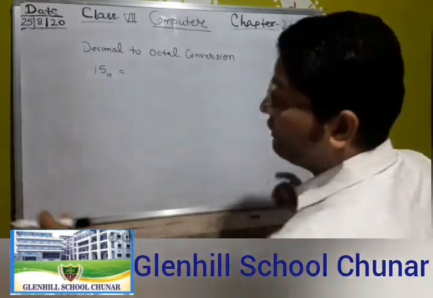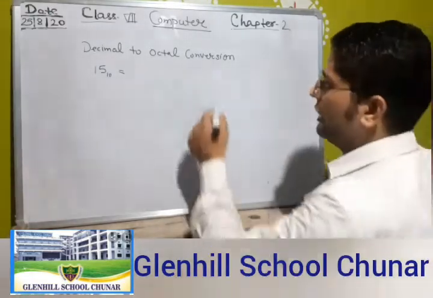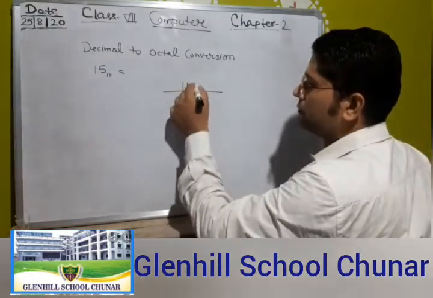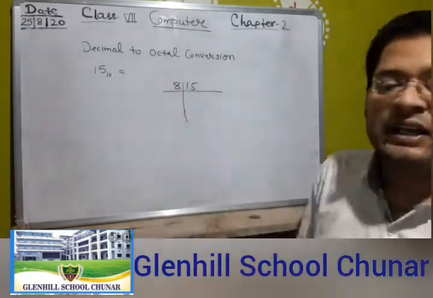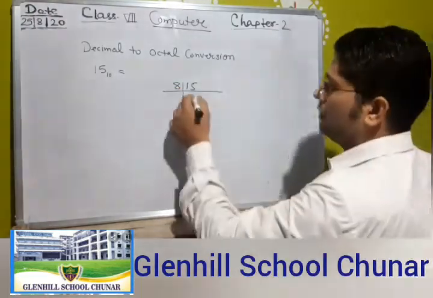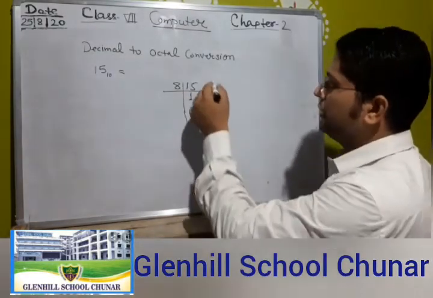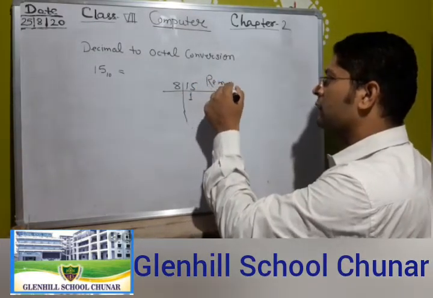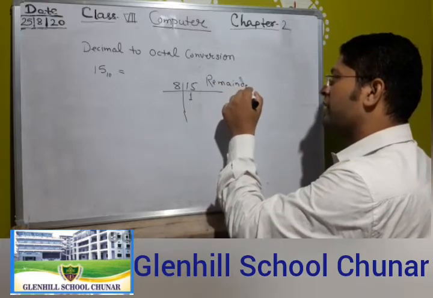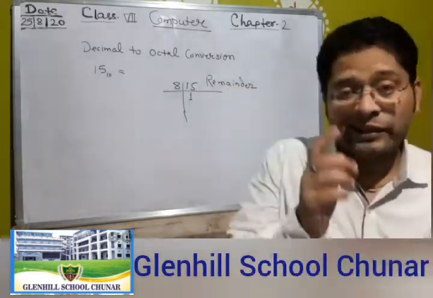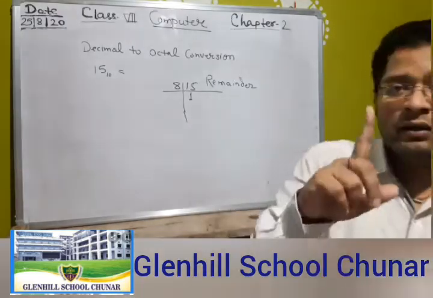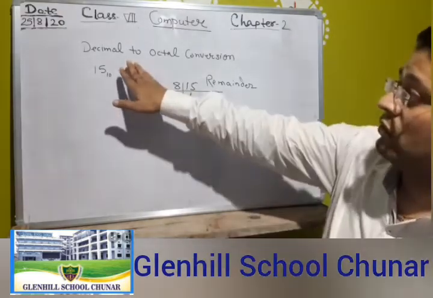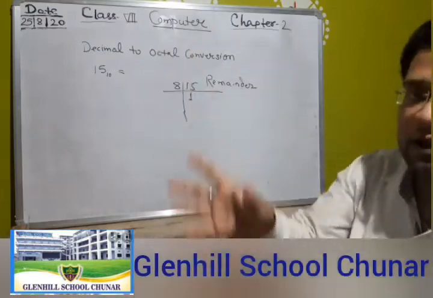So here we divide by 8, student. 15 divided by 8: 8 ones are 8, and here we write the remainder. There we divide by 2, and here we divide by 8, because we are converting into an octal number.